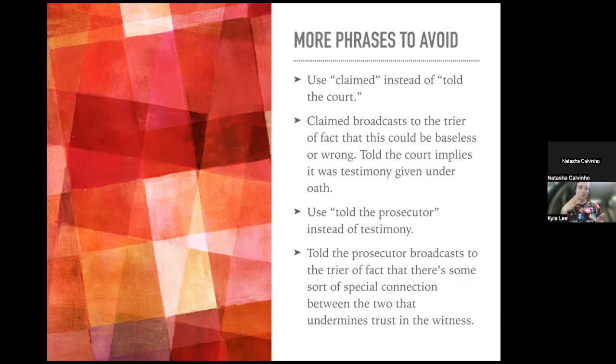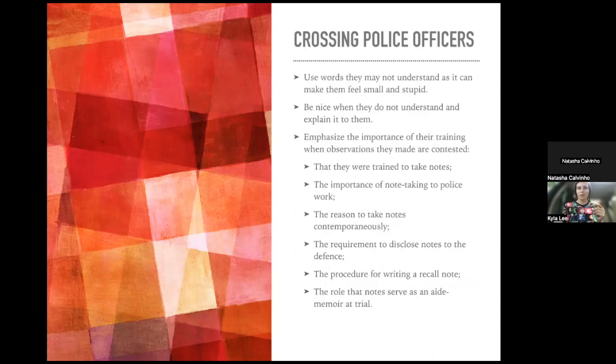And it also kind of suggests that there's some sort of special connection between the two that might undermine trust in the witness. Oh, you told the prosecutor this and you told the prosecutor that, and all you do is tell the prosecutor things, but you never put any of them in your statement.